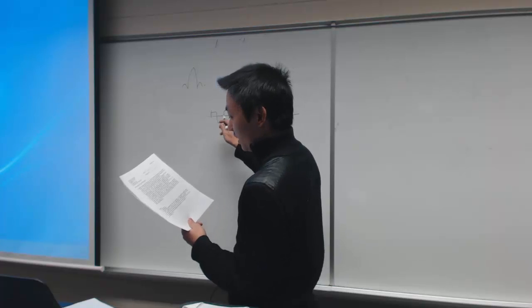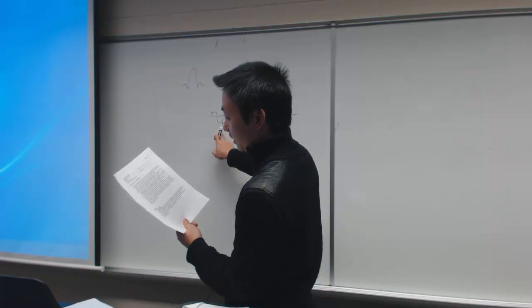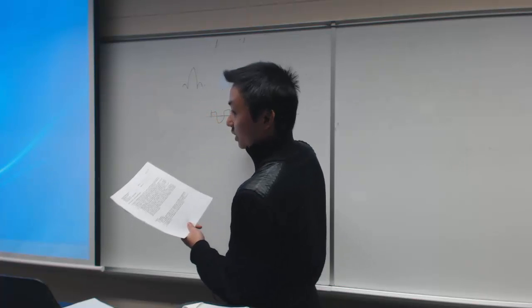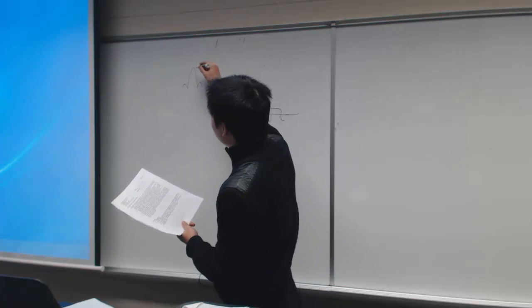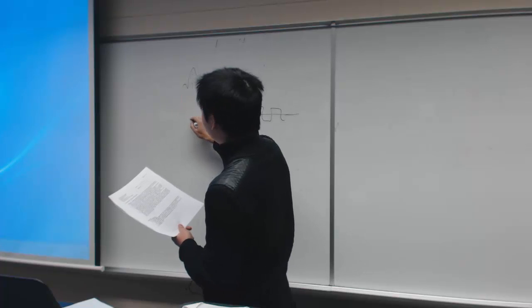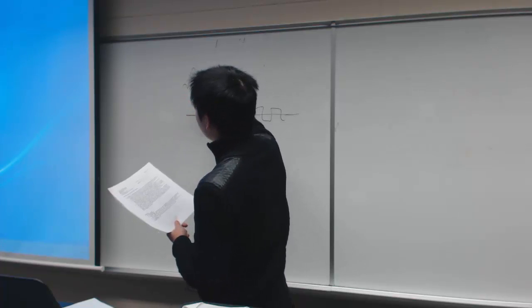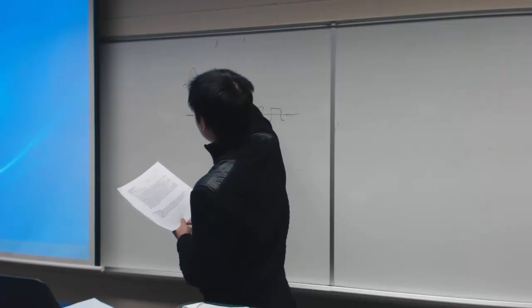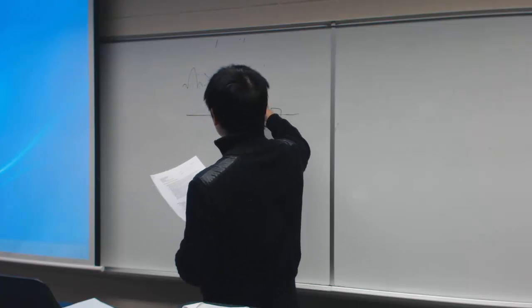So I said it is single shot gradient echo EPI, right? So this is a single shot gradient echo. So that means we are collecting the FID signal after the excitation. So when we have excited the signal, then the signal would decay according to T2 star, right?